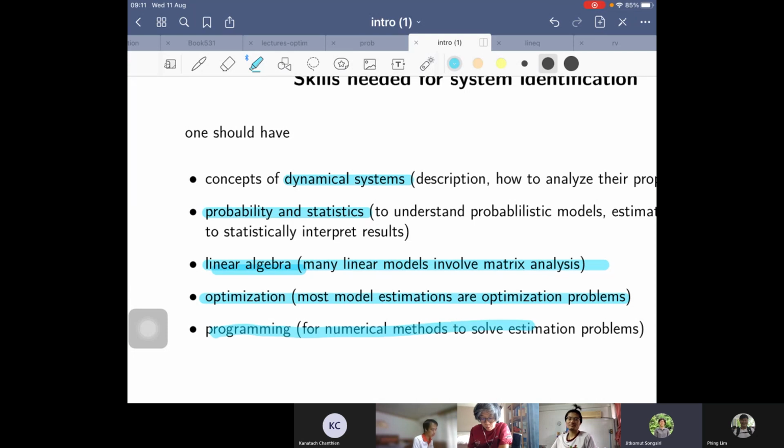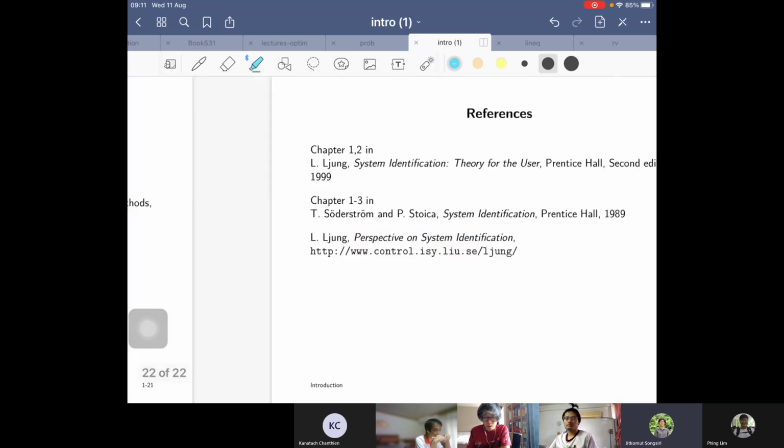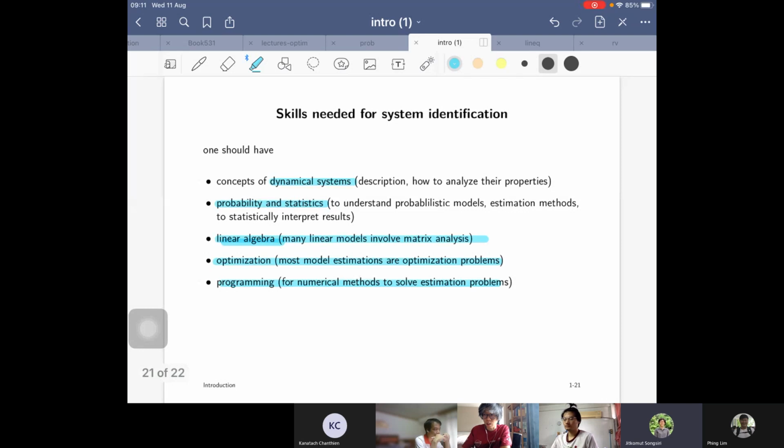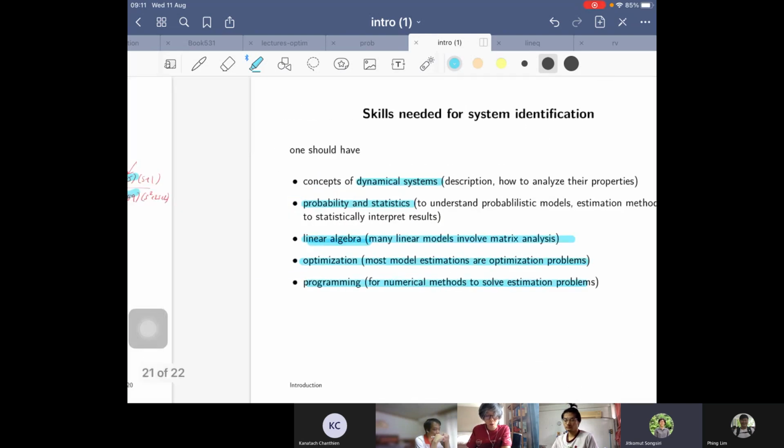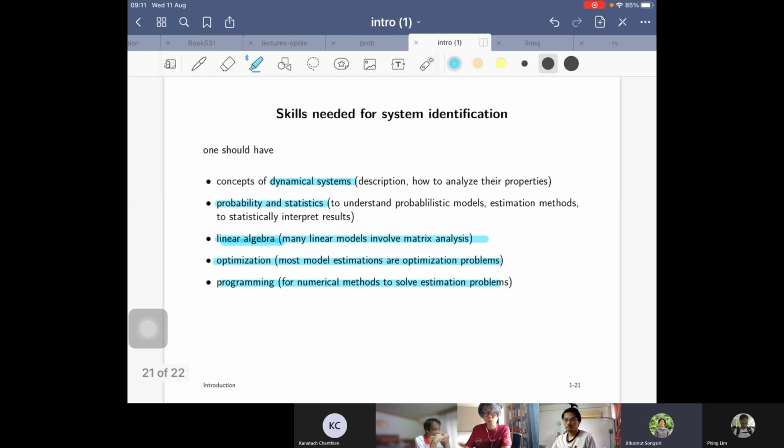You should also be able to do some coding in the process of applying numerical methods to solve it. All right, that would be all for the overview of procedures in system identification.